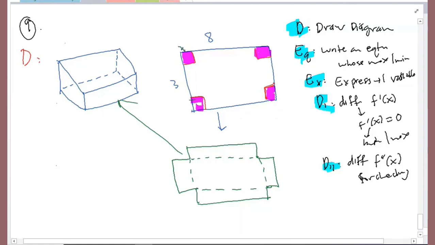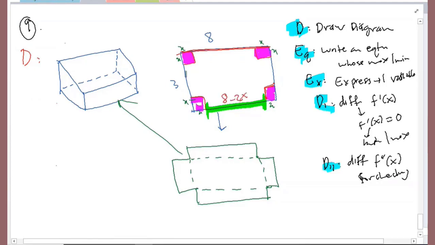Let's say this is x because it is a square, so all are x. The length here is all 8, so you want the green one: 8 minus 2x.